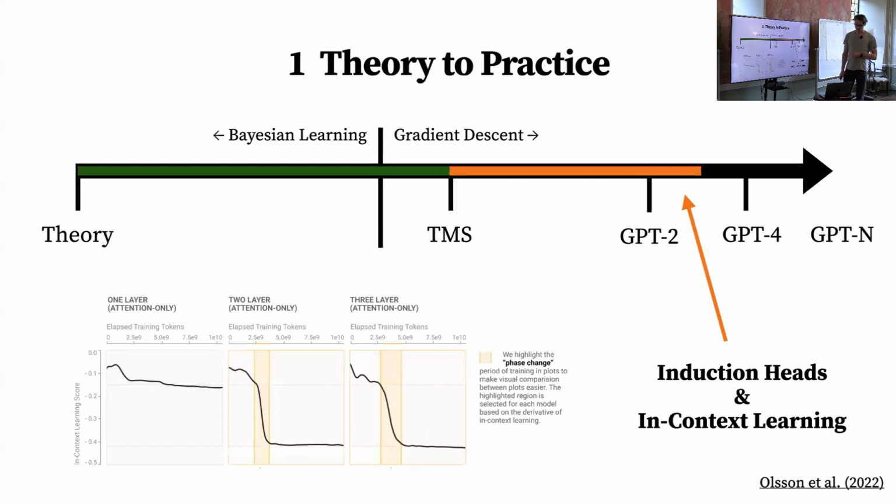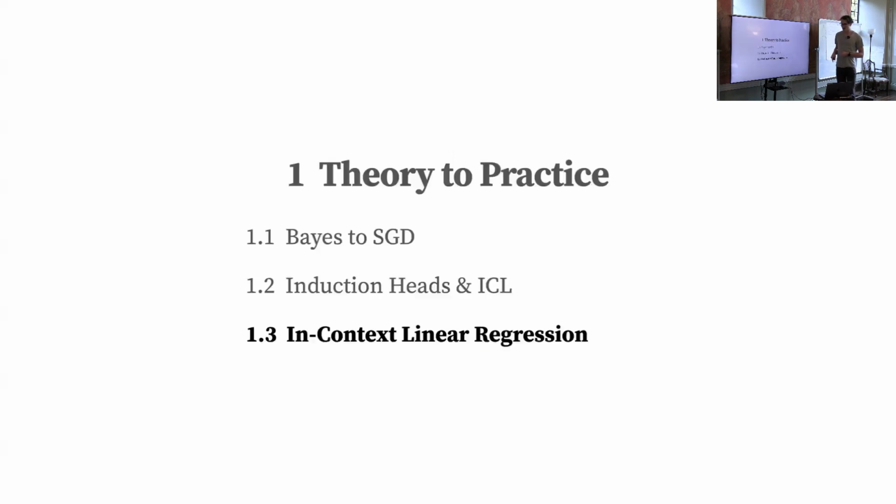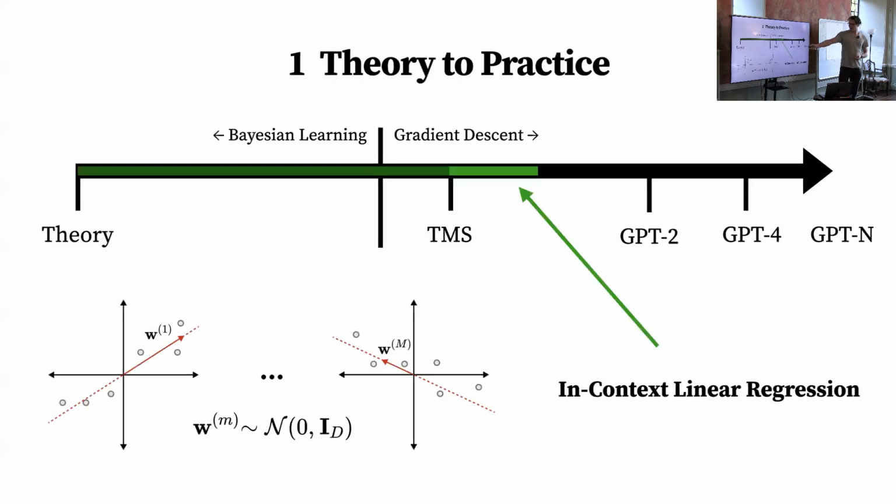Right. So what we're going to look at in this talk is a particular simplification, a toy setting in which to study in-context learning, which is in-context linear regression. It'll take us some part of the way up to GPT, still on a logarithmic scale, okay?